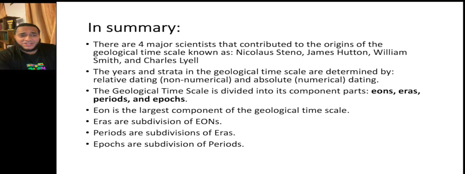The geological timescale is divided into its compartment parts: the eon, the eras, the periods, the epochs. Remember, eon is the largest and broadest compartment. Then eras are a division of eon, and periods are a subdivision.